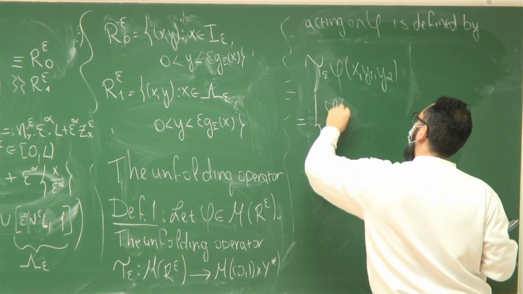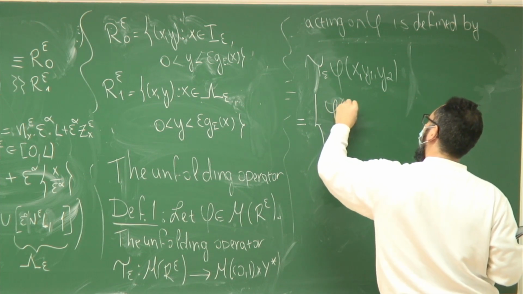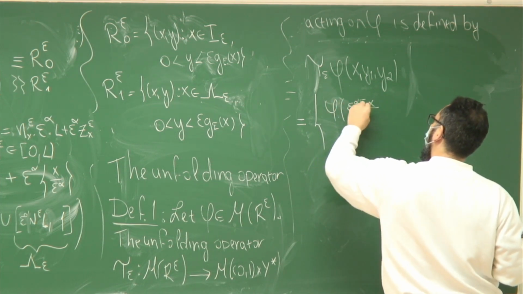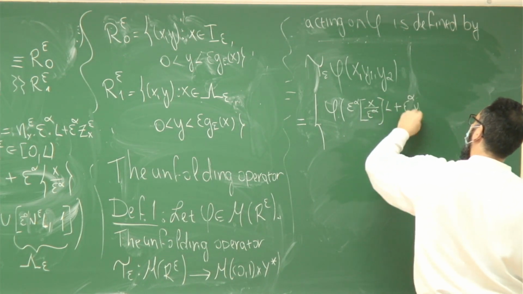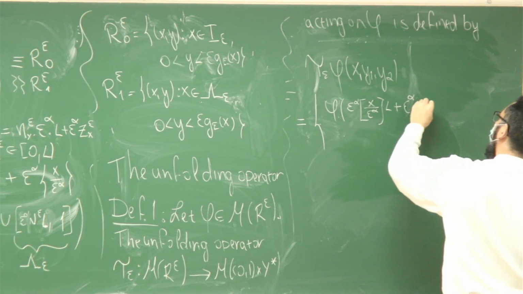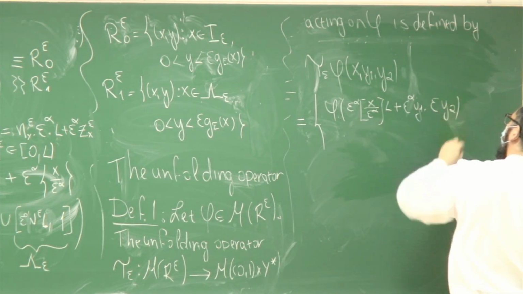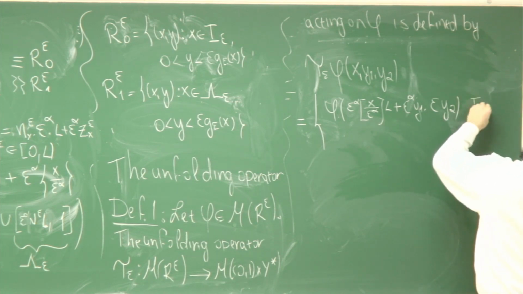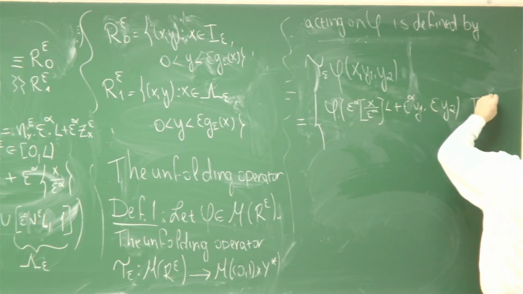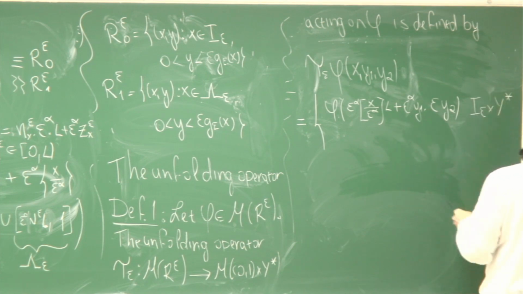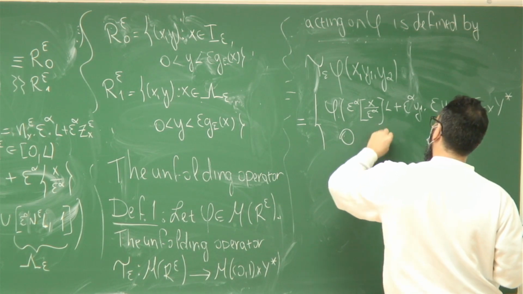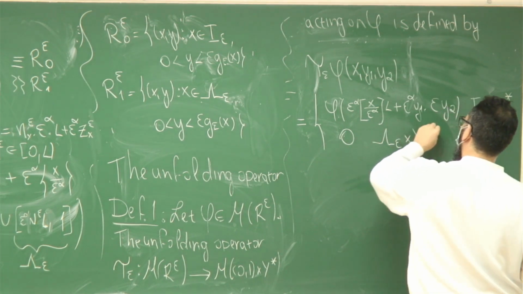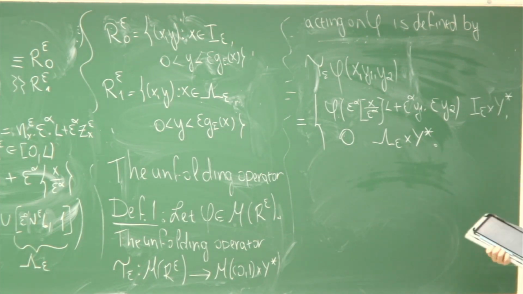It will be phi of, here, the one that I just presented, and 0 here. This is the definition of the unfolding operator.